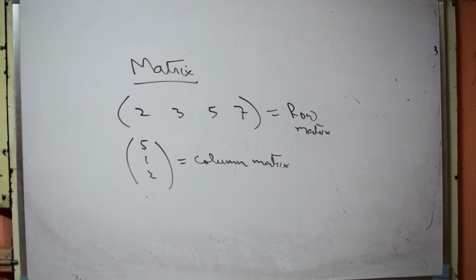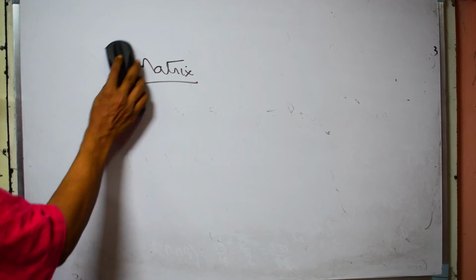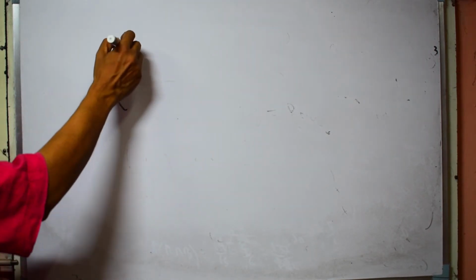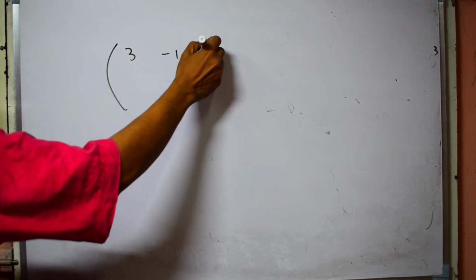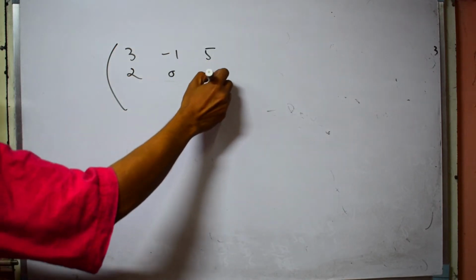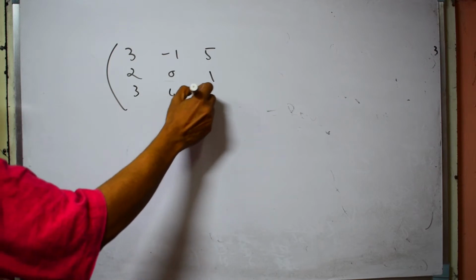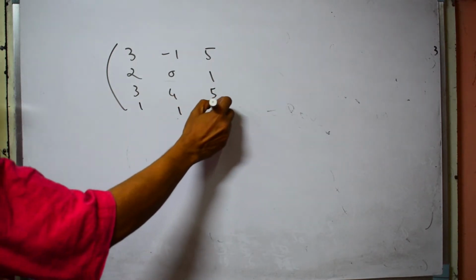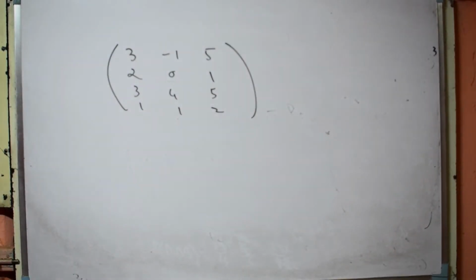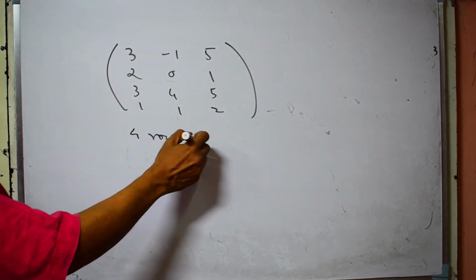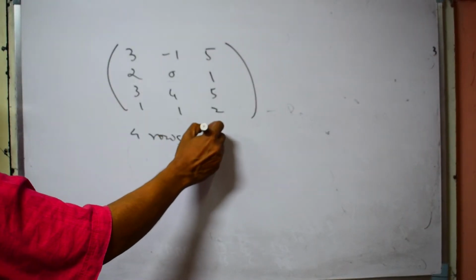When we write a matrix, we always consider the size of the matrix, termed as the order of the matrix. So if I write a matrix like this, 3, minus 1, 5, 2, 0, 1, 3, 4, 5, 1, 1, 2, then we are finding 4 rows and 3 columns.